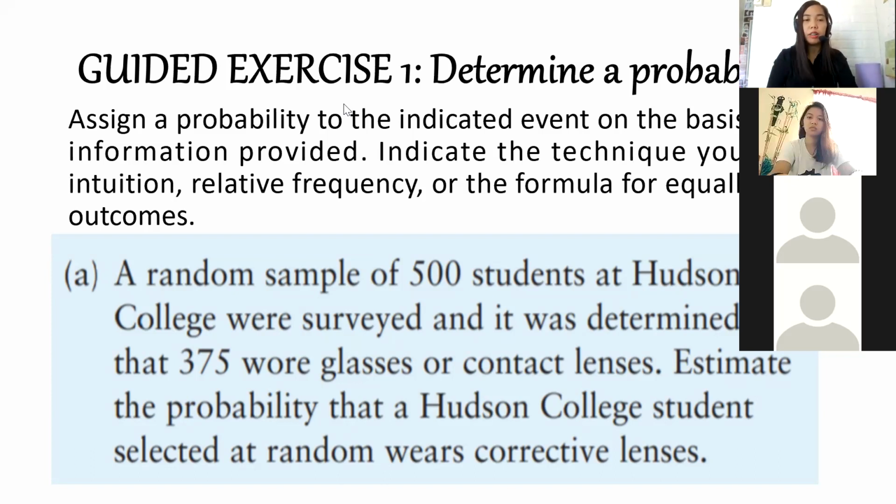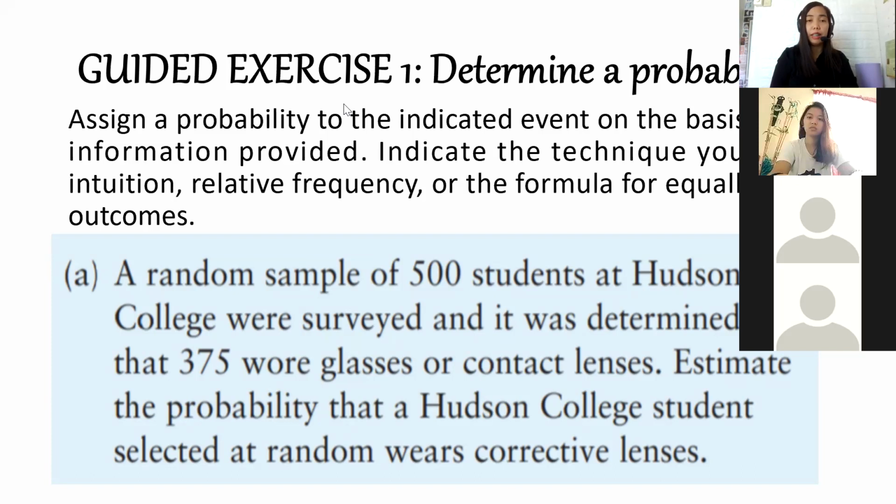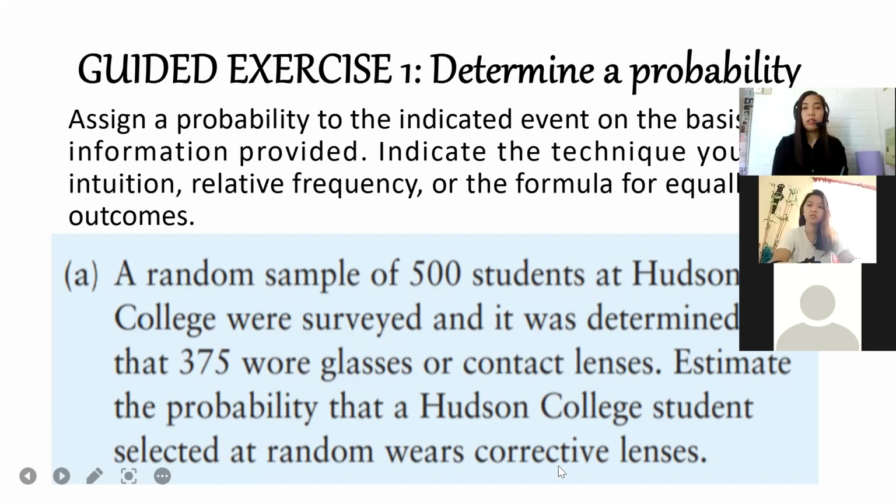In a class of 500 students, 375 wear glasses or contact lenses. So what is the probability that the college student selected wears either glasses or contact lenses?